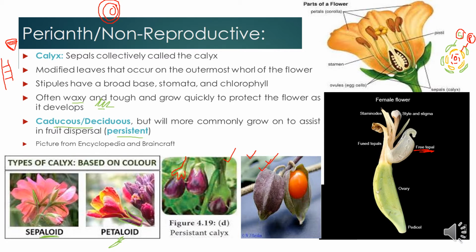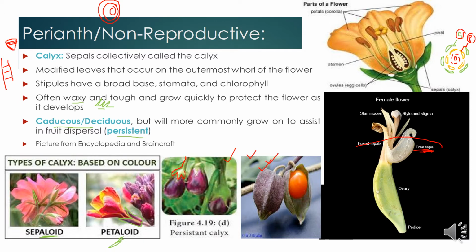When the sepal and petal cannot be distinguished, they form a structure called the tepals. And a collection of tepals is called a perianth.